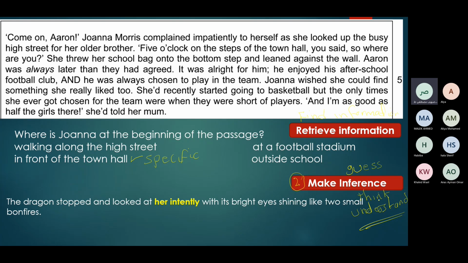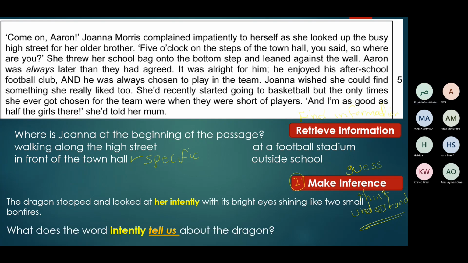The dragon stopped and looked at her intently, with its bright eyes shining like two small bonfires. The word intently here, it's asking you what does the word intently tell us about the dragon?